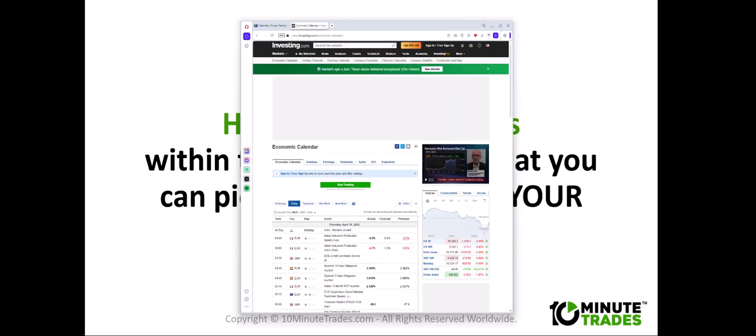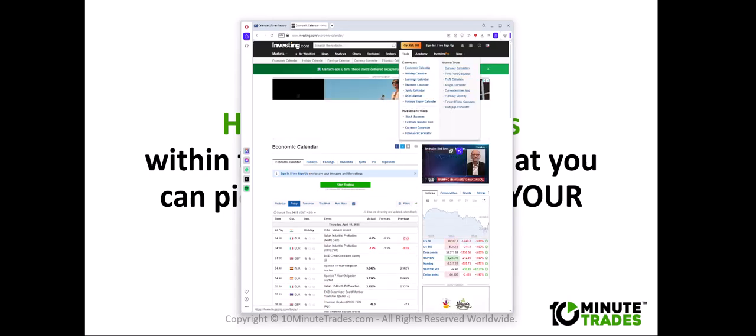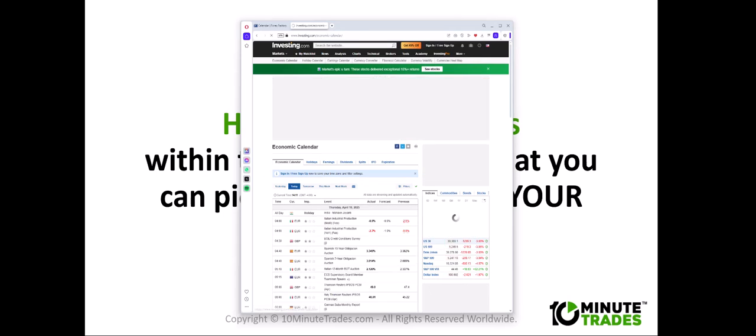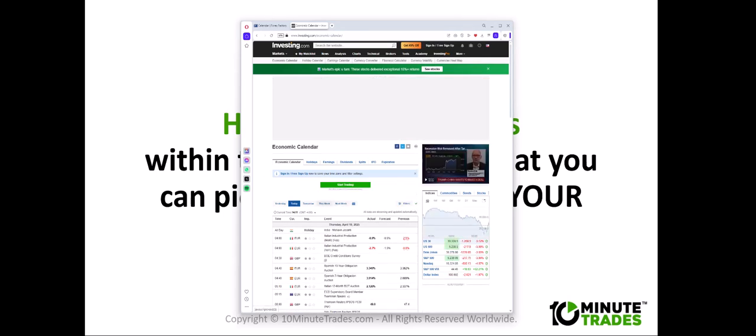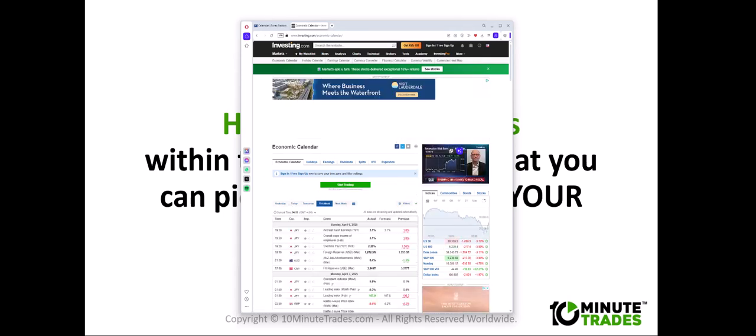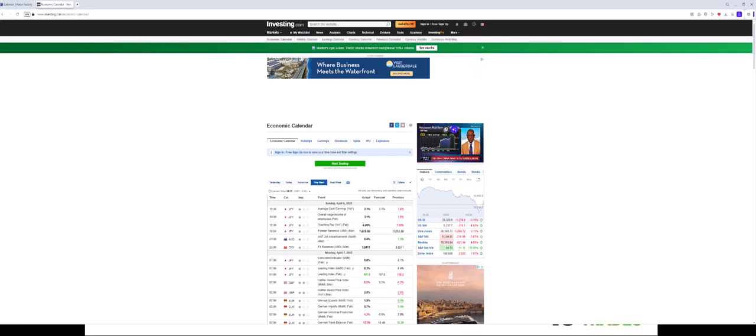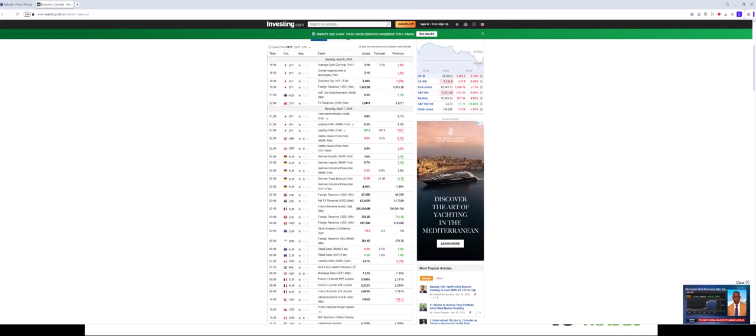You just go to Tools, Economic Calendar. You can click this week for the whole week if you want to see a whole week's worth of trading, and then you can just scroll down. They have a star-based system: 3 stars is more impact, 2 stars is medium impact, 1 star is less impact. But the truth is sometimes the calendars get the impact wrong, and we know what the impact is on most of the events.